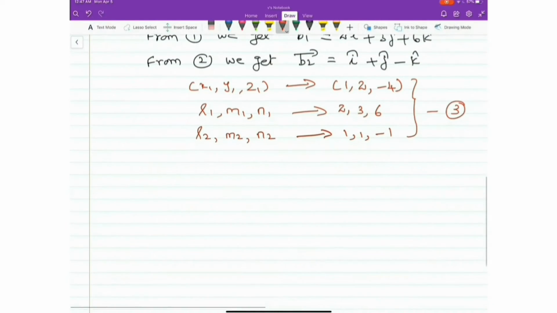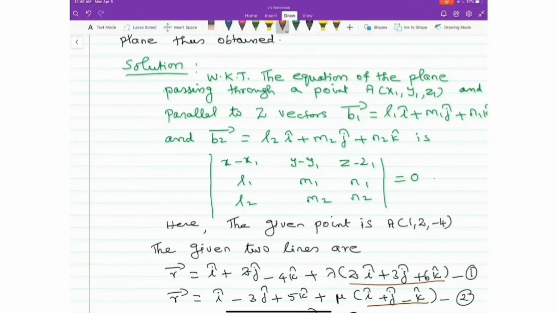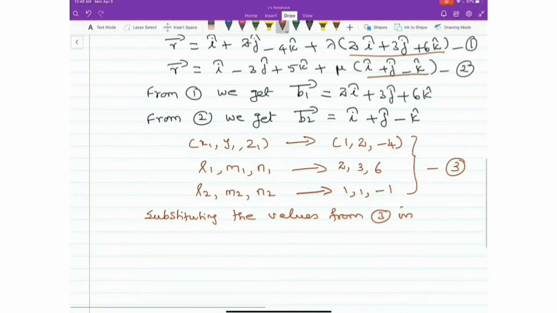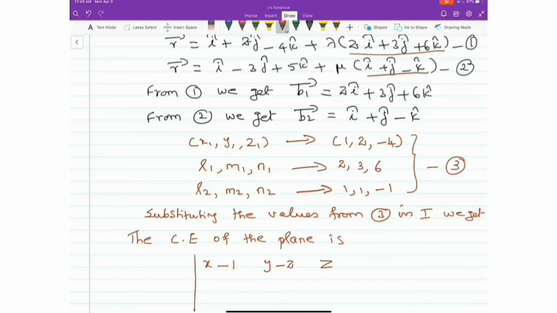Now, substituting these values from 3 in equation 1, we get the Cartesian equation of the plane as the determinant: x minus x1, and x1 here is 1, so x minus 1; y minus y1, and y1 is 2, so y minus 2; z minus z1, so z minus of minus 4, which is z plus 4.